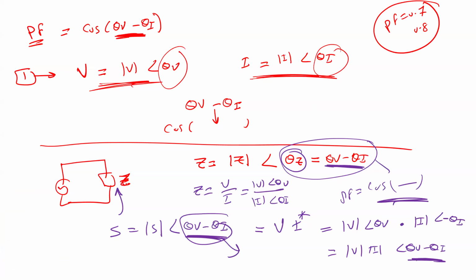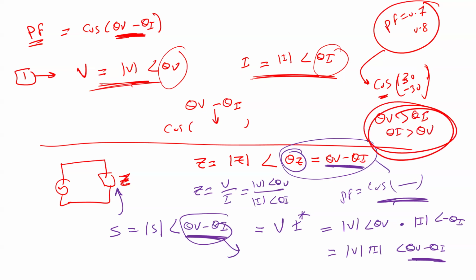It's not enough. You know why? Because this is the result of the cosine, and cosine is actually an even function. That means cosine 30 or cosine negative 30 give the same value. If theta V is greater than theta I or theta I is greater than theta V, in both cases I will have the same value for the power factor.